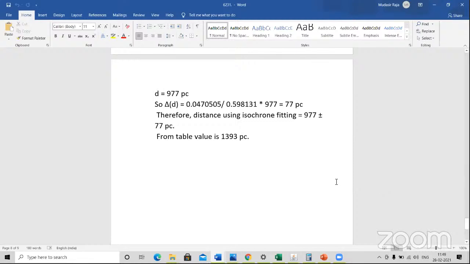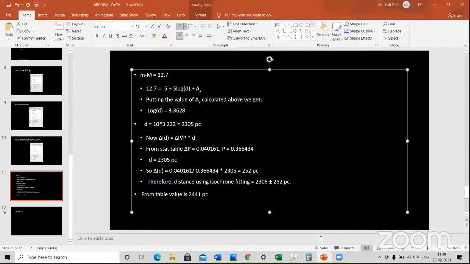But in the case of 6893, sorry, 6823, the distance I got from isochrone fitting was something like 700 or 800, but the actual value is 1764. I don't know, maybe there is some problem with the AG value or not. But with all the rest of these clusters, I got values almost close to the ones given in the table.